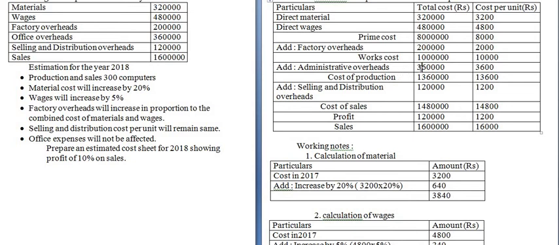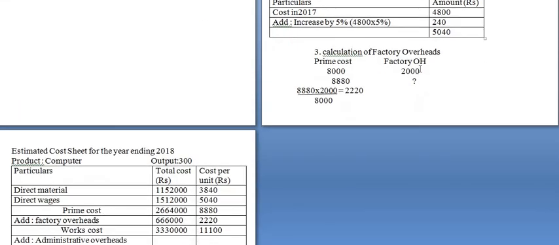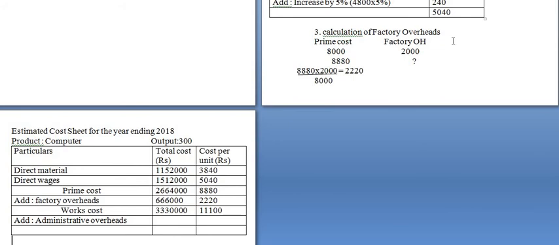So they have told expenses will not be affected. It means total cost will not be affected. So here we will take the same amount. Total cost will be the same, that is 3,60,000. Okay. Now as here it is 300 computers, 3,60,000 divided by 300 computers will give you 1,200 cost per unit. Only cost per unit will change.